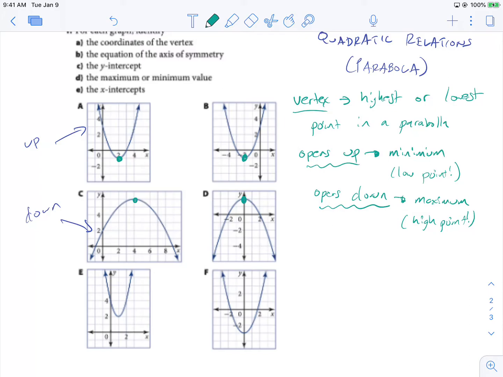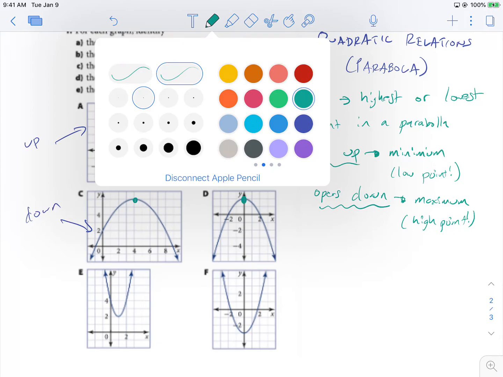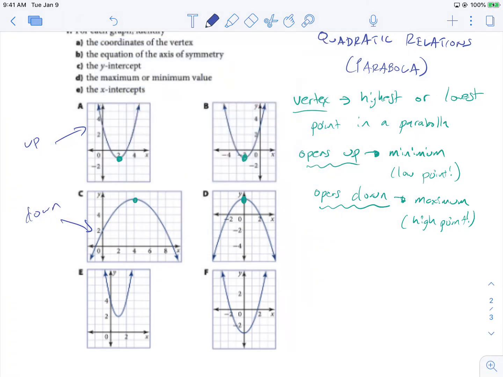And the vertex is also important because it talks about our next definition, which is what we call our axis of symmetry. And remember, symmetry is all about being the same on both sides of a line. So here I could draw like a nice little line right down our vertex, and this side is going to be the exact same as that side. And I can do it to any single one of these graphs, this axis of symmetry.